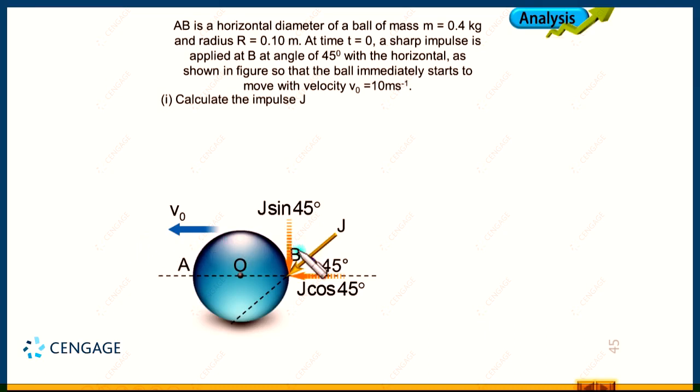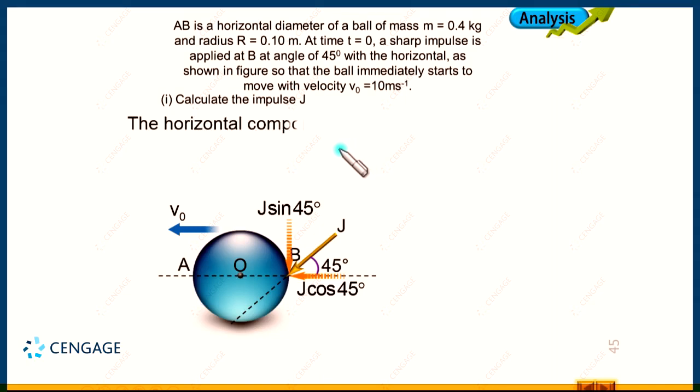And we know this horizontal component, because the ball is at rest initially and it starts moving in the leftward direction with the velocity v naught, that means the horizontal component of the impulse is responsible for providing the linear momentum in the horizontal direction. That means we can find the value of J by equating J cos 45 equal to the mass of the ball multiplied by v naught, right.